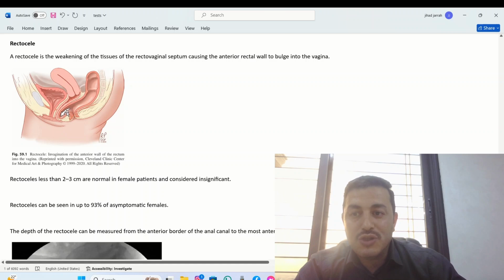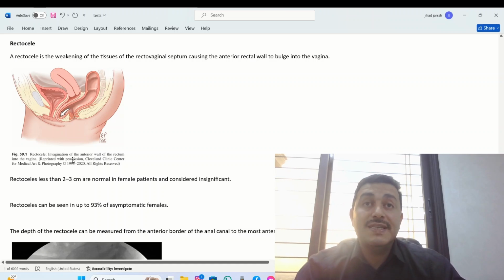You can see the bulge of the anterior rectal wall toward the posterior vaginal wall, and those symptomatic females may require digitation, or digital pressure on the posterior vaginal wall, to complete the evacuation. Actually, defecography is better than the symptoms themselves for diagnosing rectocele.